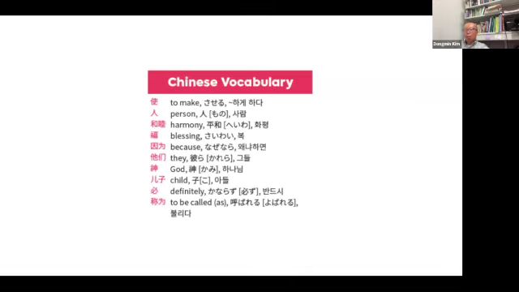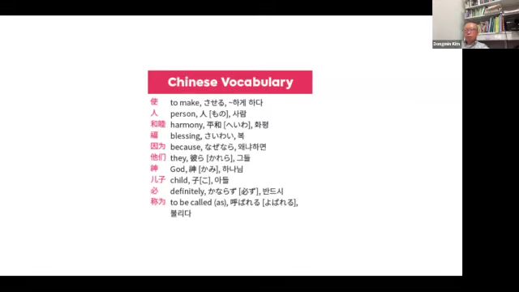The next one is 和睦, harmony. Japanese 平和, Korean 화평. Following words: 福, blessing, 幸い, Korean 복.